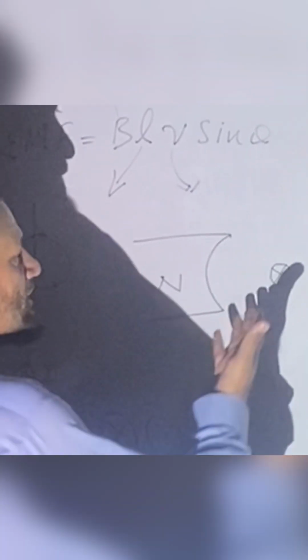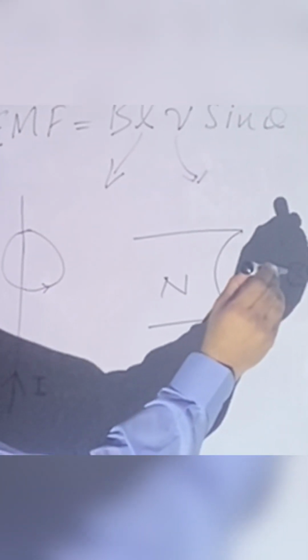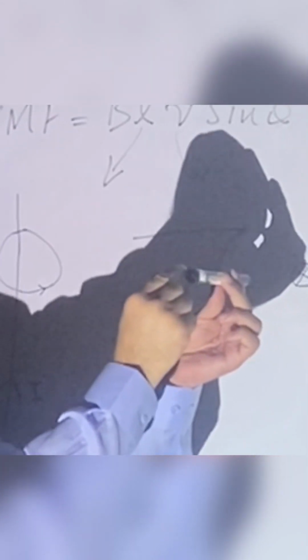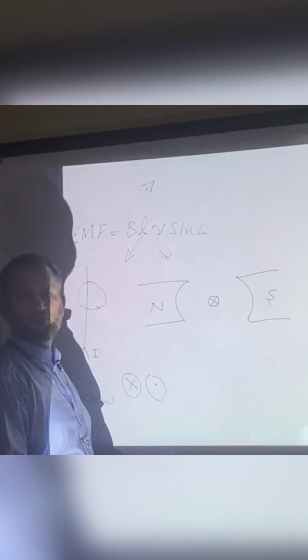So, for example, here is a conductor lying in this magnetic field in this position, and the current is a cross, meaning going inside the page. So what will be the flux around this conductor? How can we find the direction of the flux?